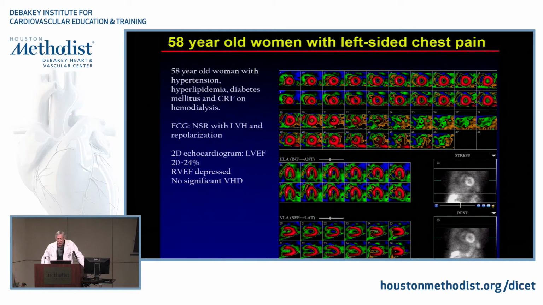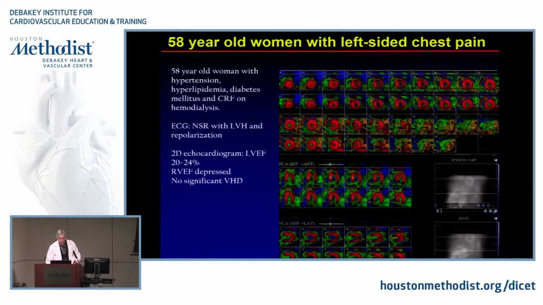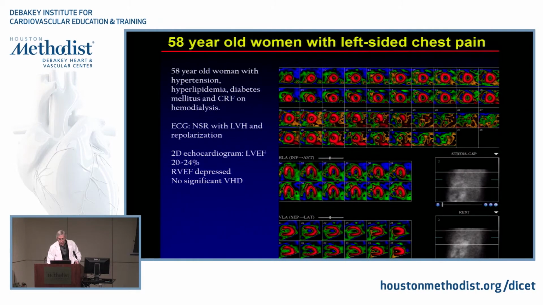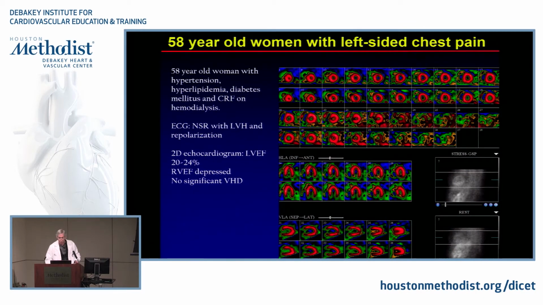Anything about the thickness of the ventricles? Both ventricles are thick. Okay, so both the right ventricle and the left ventricle look thickened here. Let's look further at the wall motion. What do you think about the wall motion?